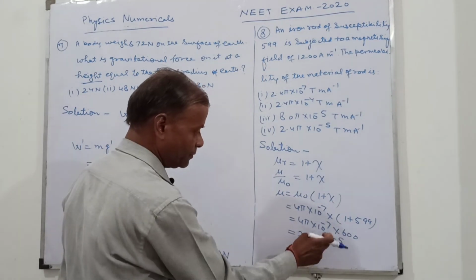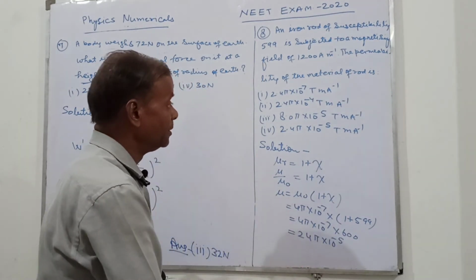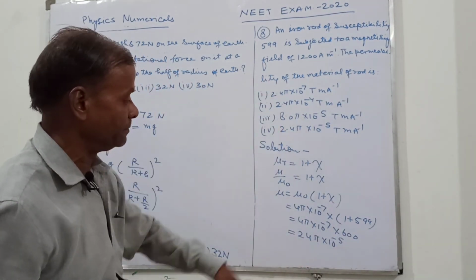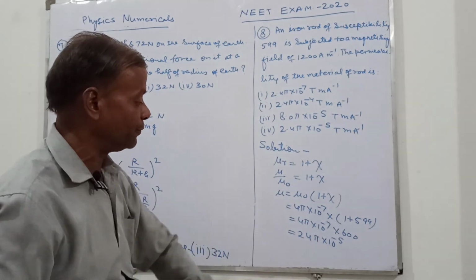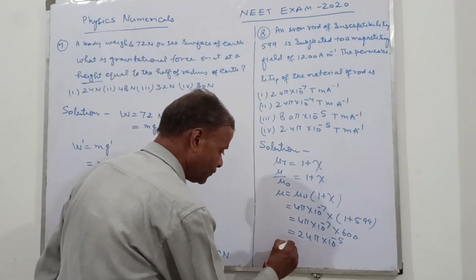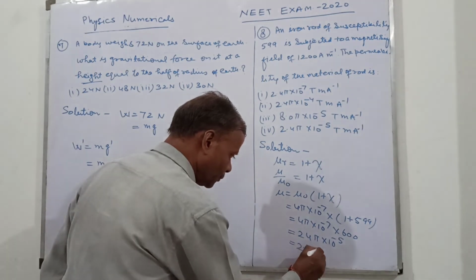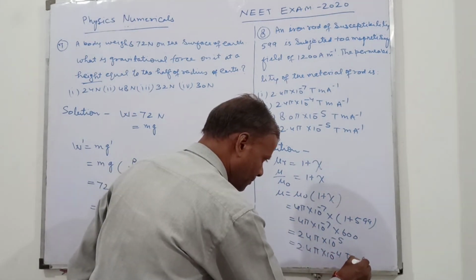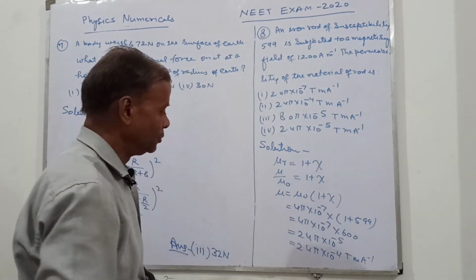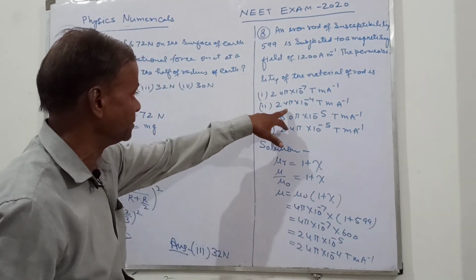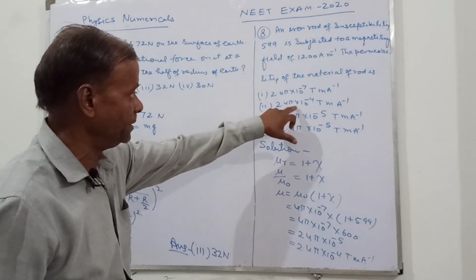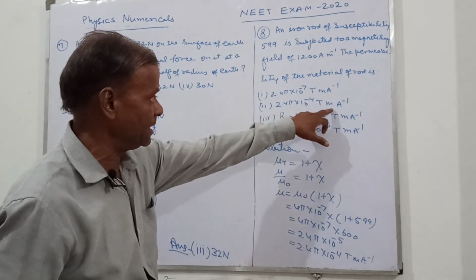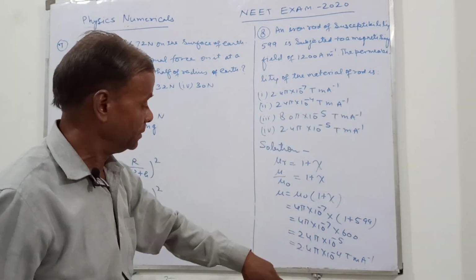But there is no answer like this one. The answer is given as 2.4, so if we make it 2.4, then it is 2.4 pi into 10 raised to the power minus 4 Tesla meter per ampere. This is the correct answer.